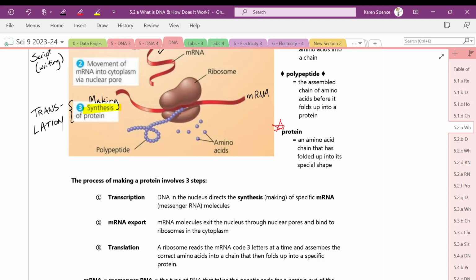Protein, yeah, and then protein, and then cells. Yep, and then protein.